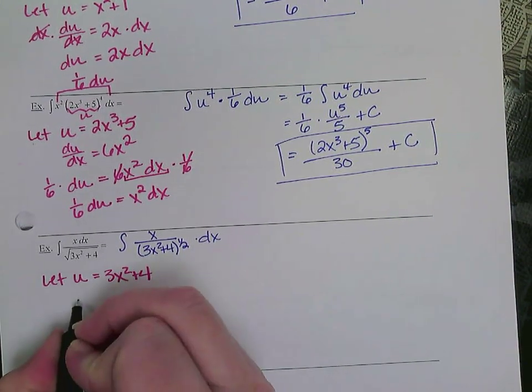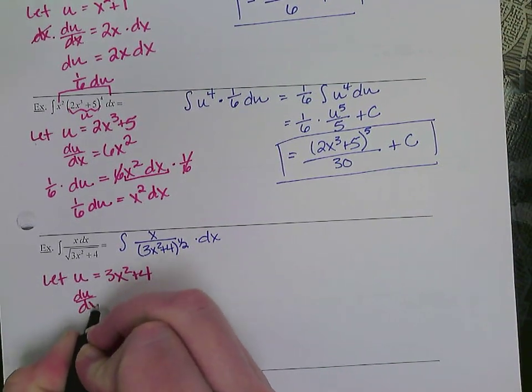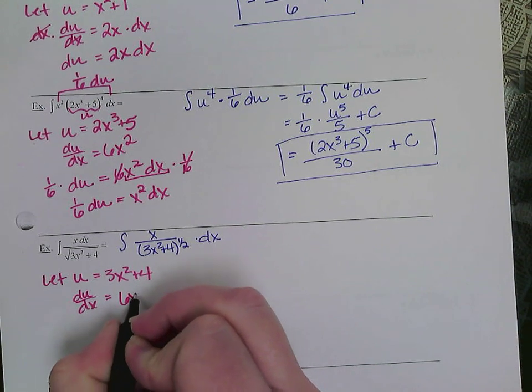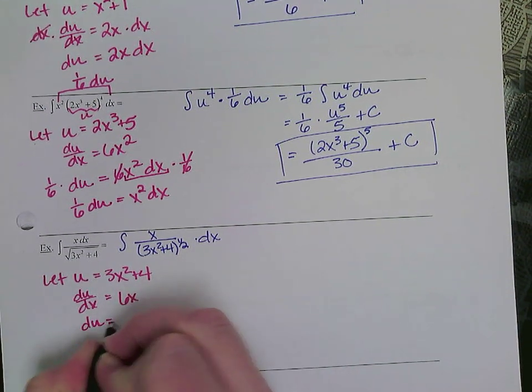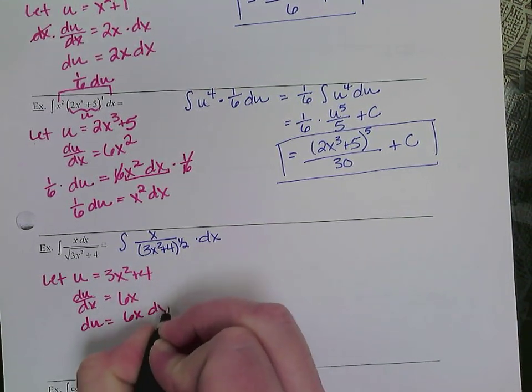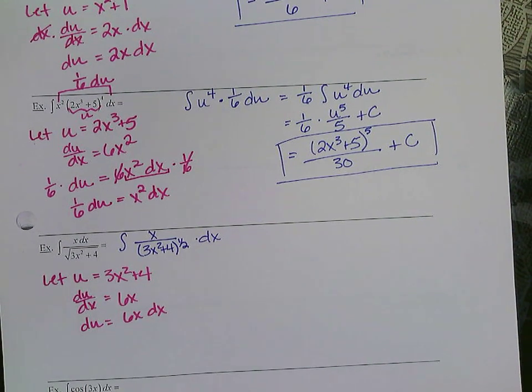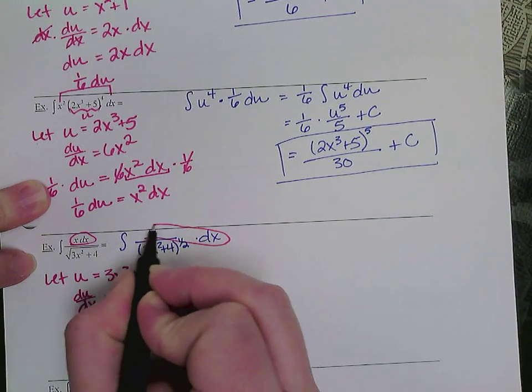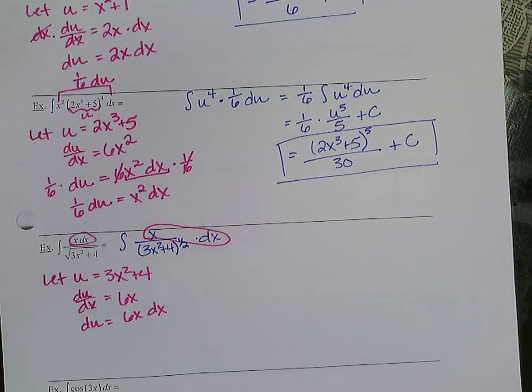So then the derivative of u with respect to x would be 6x. So then du would be 6x dx. Well, I've got the x dx. I also have an extra 6 that I don't need.